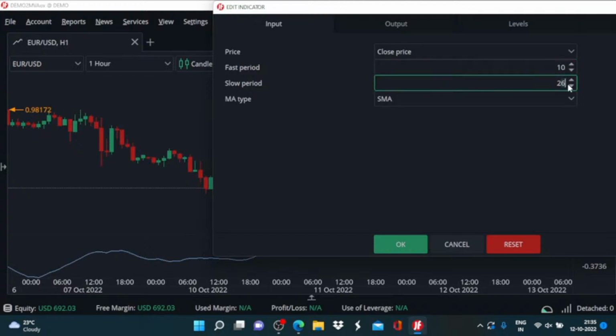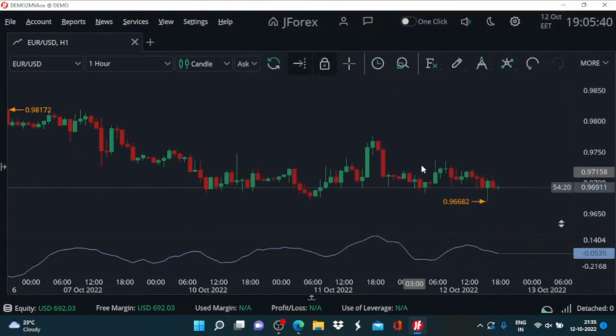You can even reduce these slow periods SMA, or if you simply want to look at its responsiveness when we use extremely low values, you can even try out a combination like 7 and 14. So here you can notice that we are seeing the fluctuations in this indicator quite often with these price moves, in keeping with the price moves, we are looking at these variations in these indicators plotting.